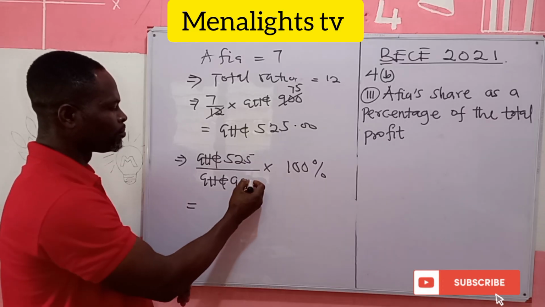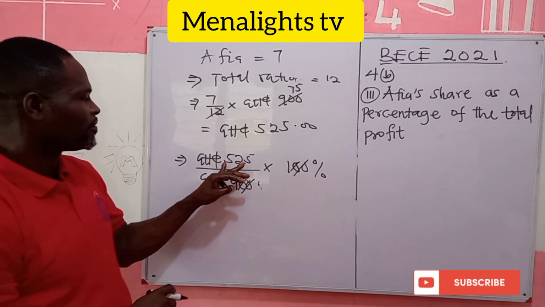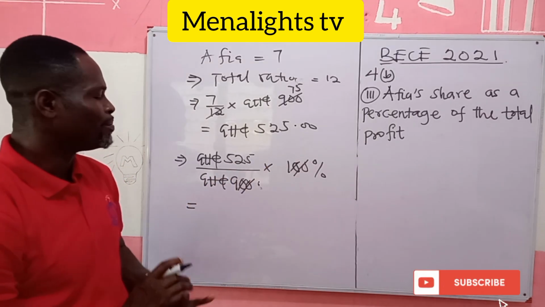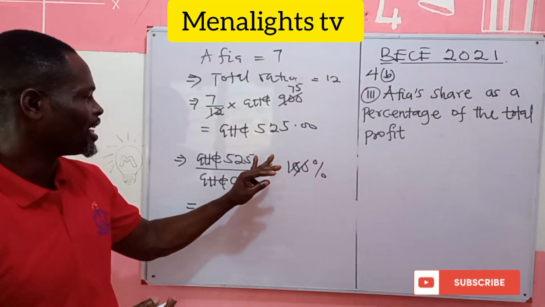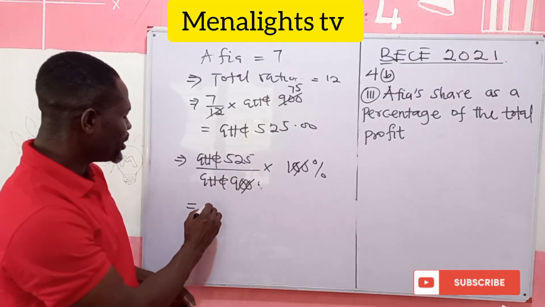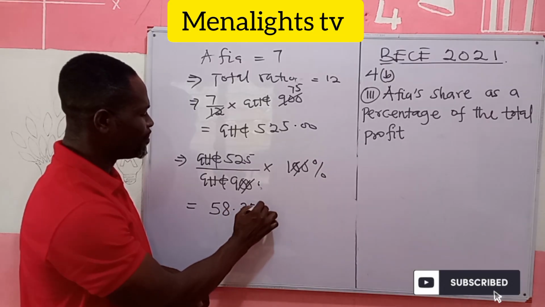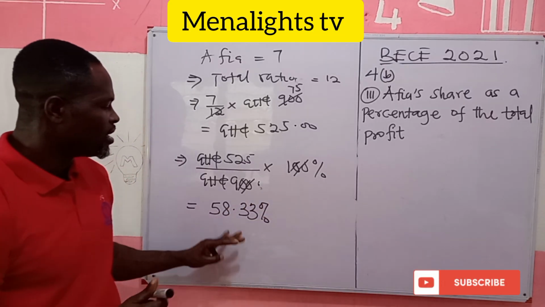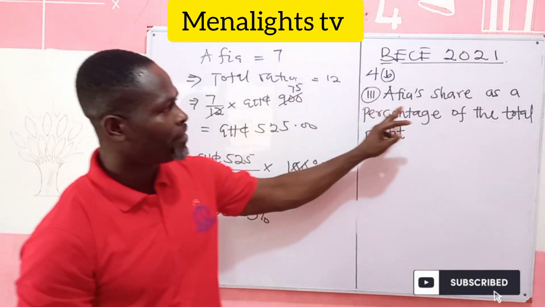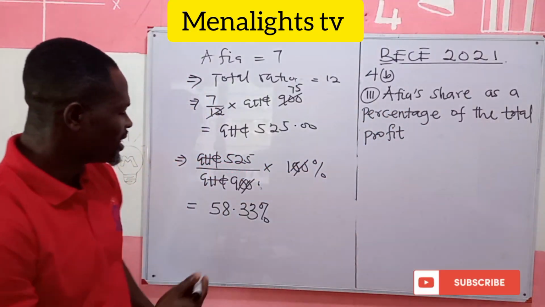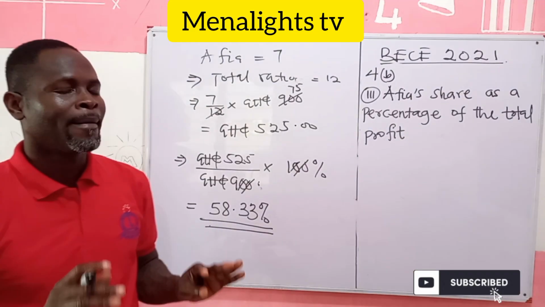What we can do is do away with these two zeros. So we have 525 divided by 9. When you do the calculation, you'll be getting 58.33%, the 3 is recurring. So Afia's share as a percentage of the total profit is 58.33%.